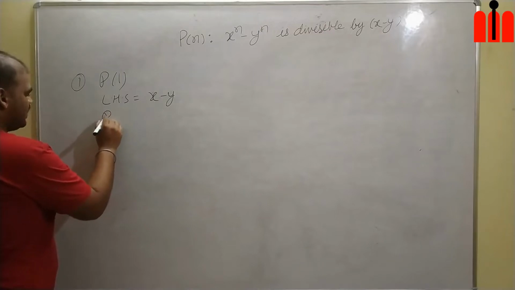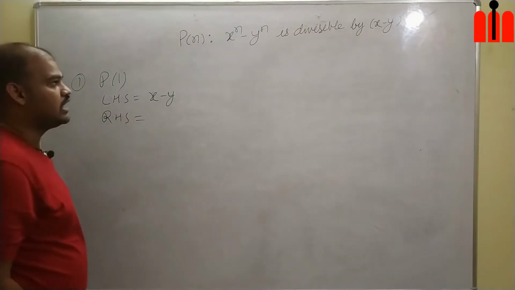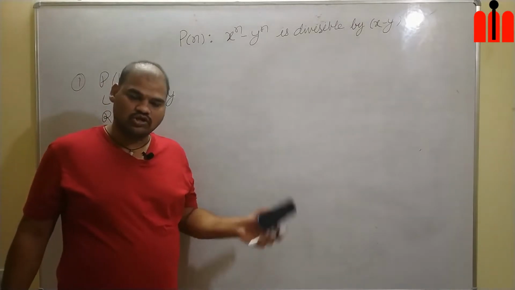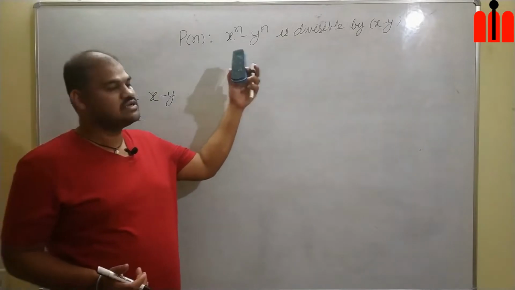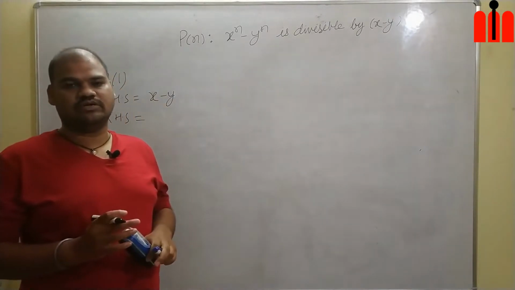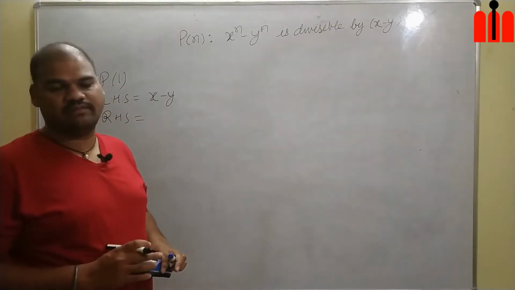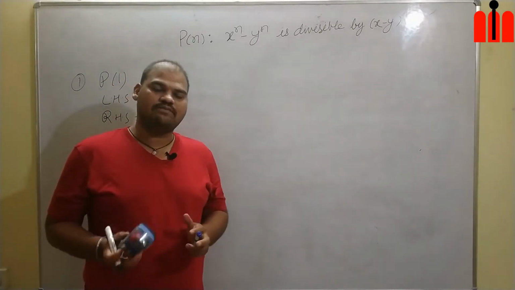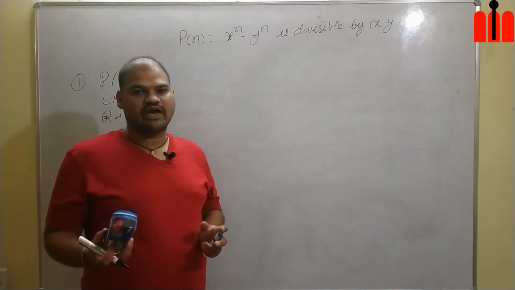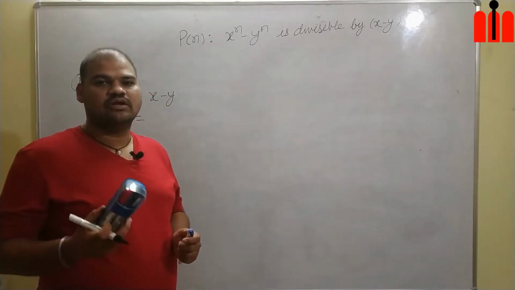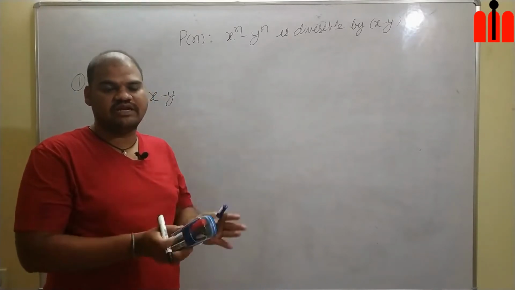Now what will be my RHS? This problem is also a divisibility type of problem. This is a mixture of both. X to the power of n minus y to the power of n is divisible by x minus y. So in a divisibility type of problem, what will we substitute in place of RHS? We will substitute a into k, where a is the divisibility number.